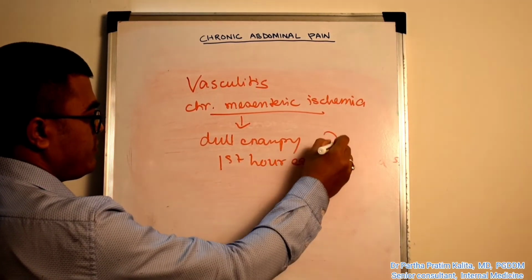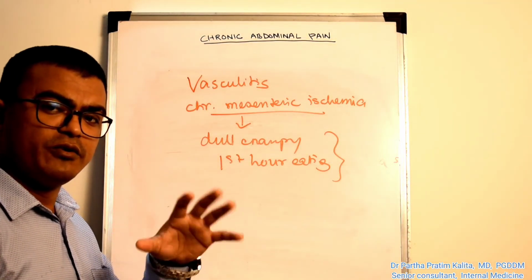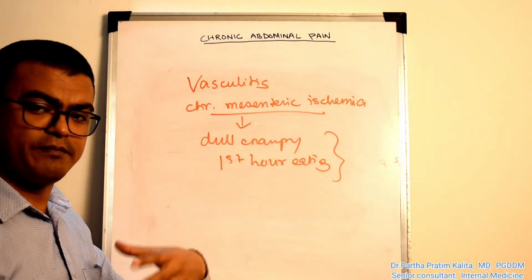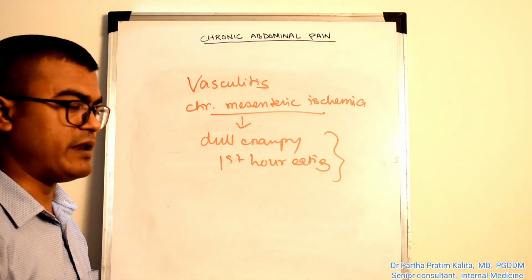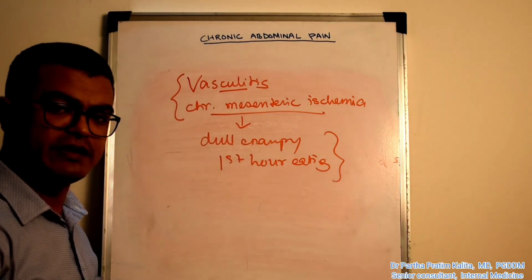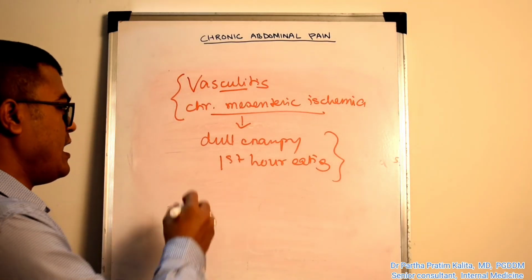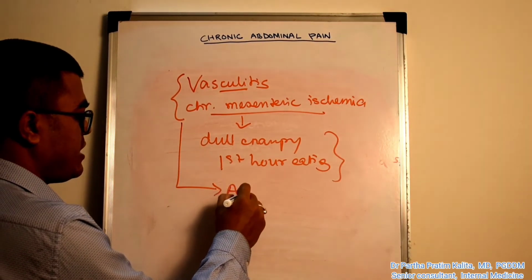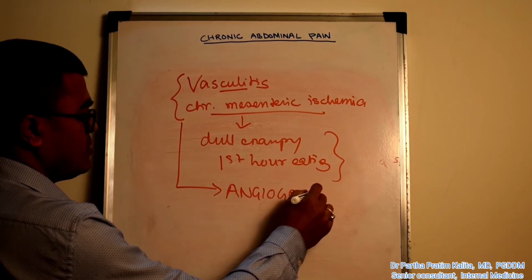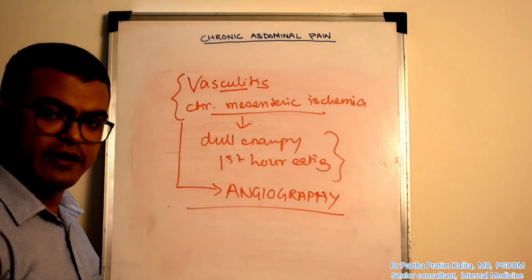It is one of the most common symptoms that whenever a patient takes food, within the first hour he feels a dull, crampy abdominal pain in the upper part of the abdomen. So it usually signifies some form of vasculitis going on in the mesenteric arteries, or there can be chronic mesenteric ischemia. And to diagnose this disorder, we always need an angiography of the abdominal blood vessels.